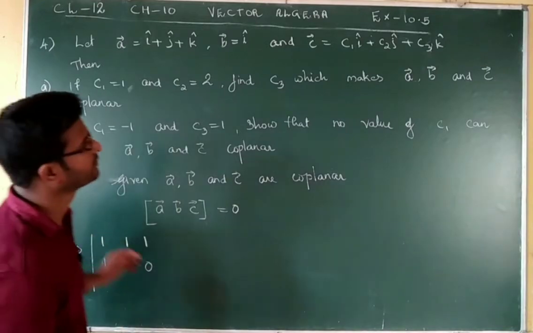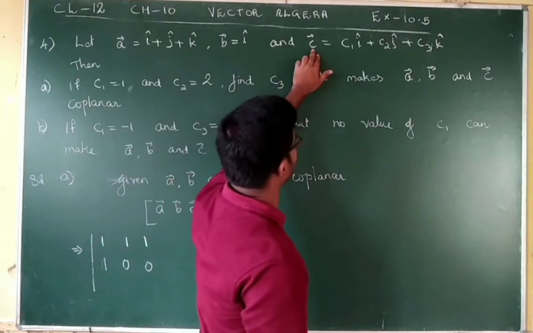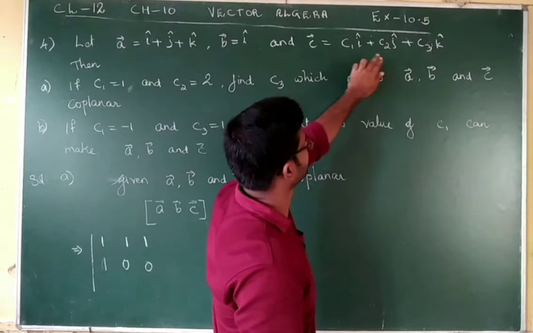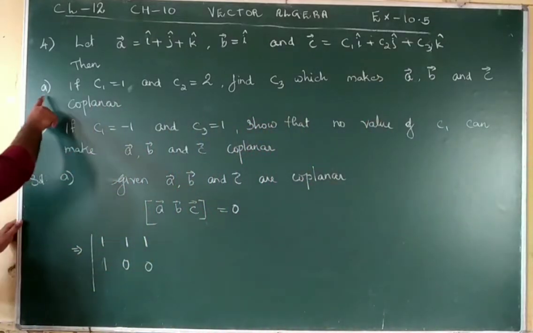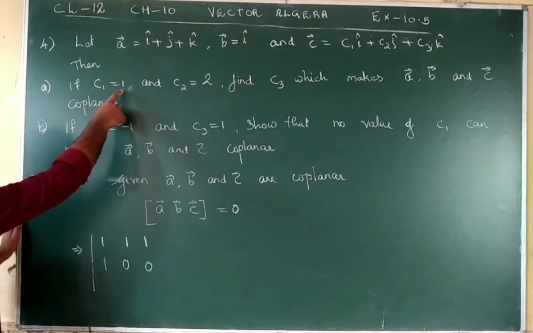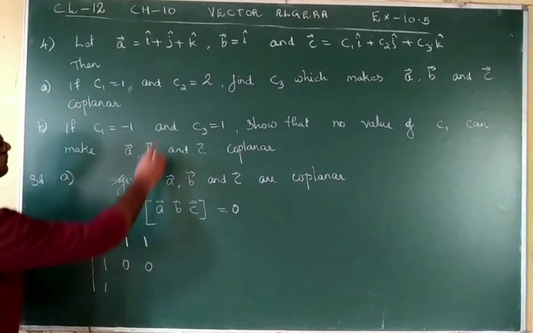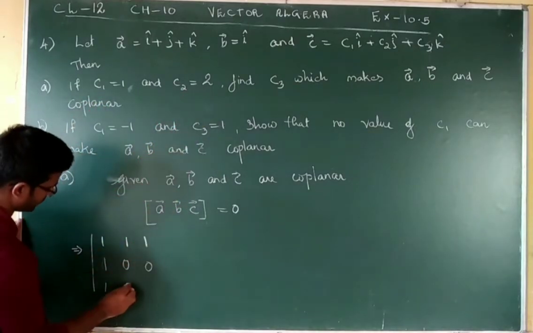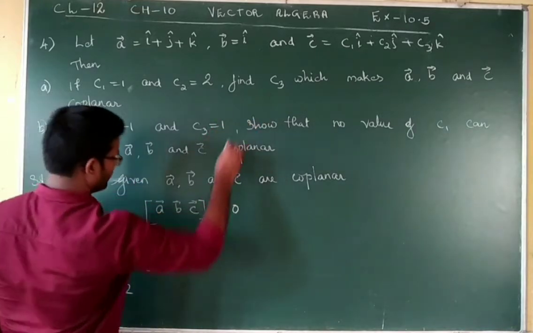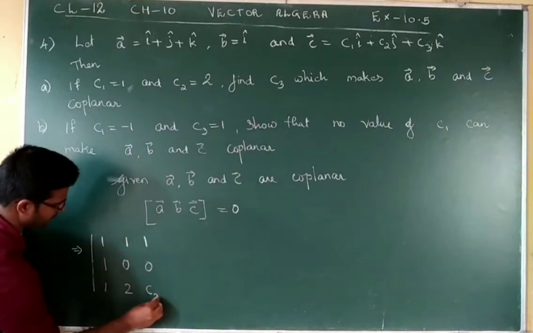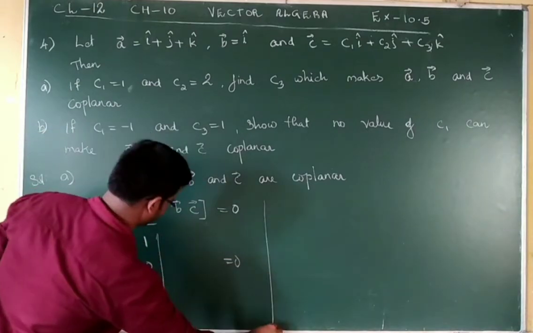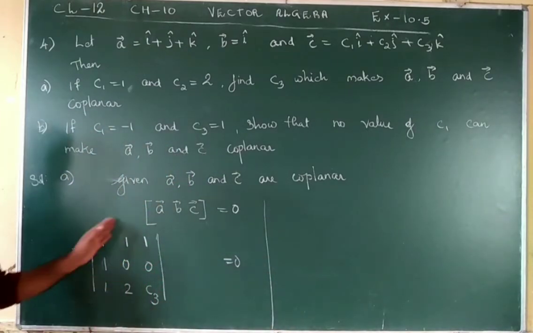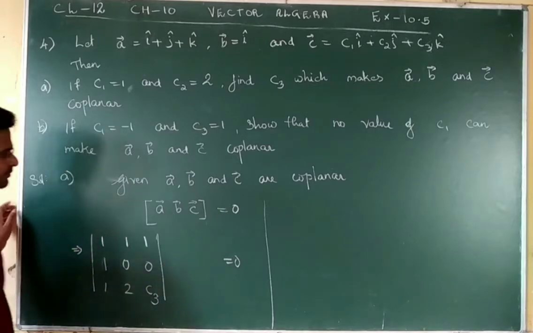Then last, this C vector, C1, C2, C3. But in question number A, they gave C1 value is 1, C2 value is 2. Then C3 we have to find out. We can write as it is, C3. Now we can find out a determinant from here.